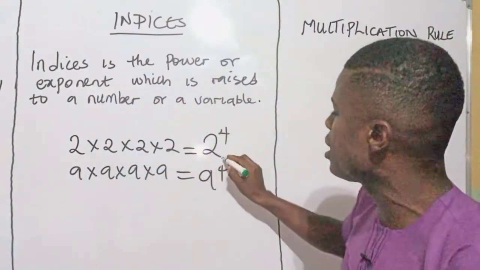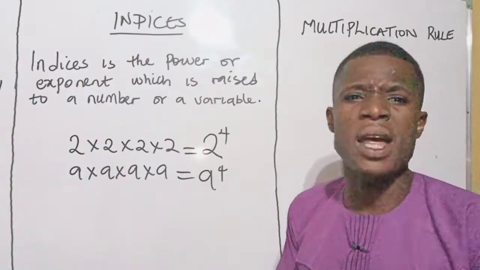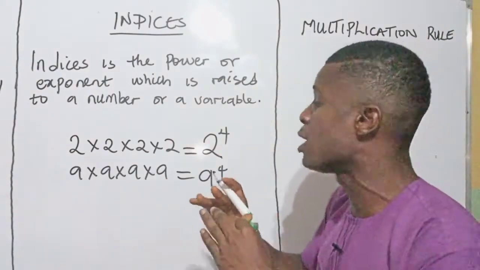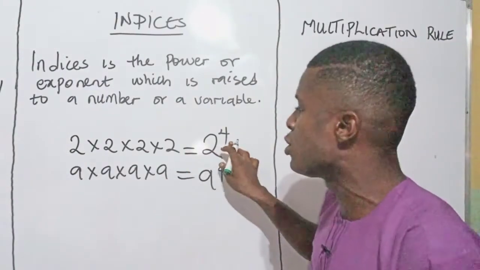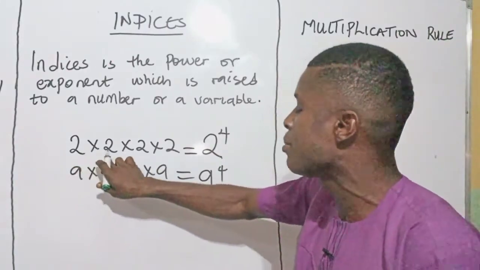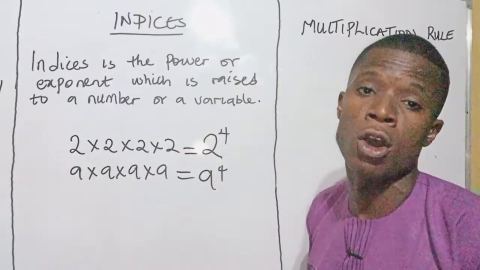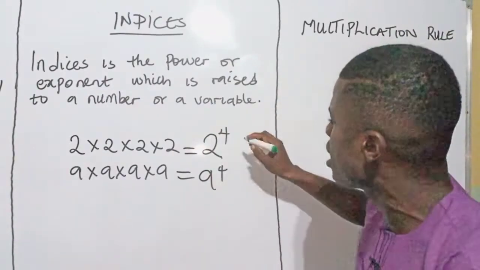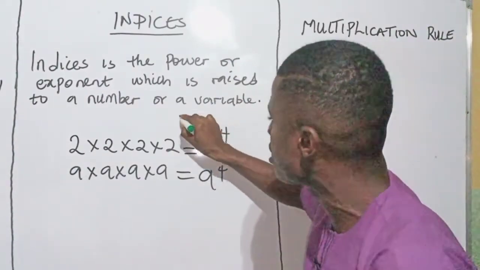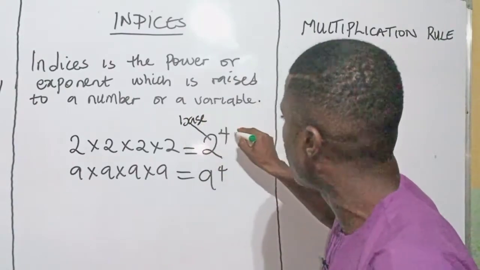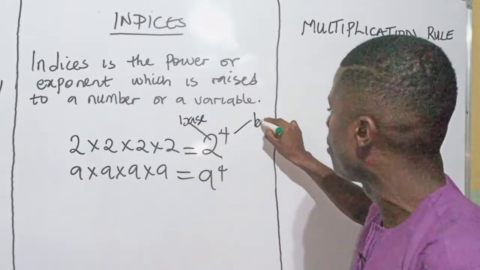That's the main number that is being considered. And this 4 is just how many times this number 2 occurred, or this number a occurred. So this 2 is tagged the base, and this 4 is tagged the power.